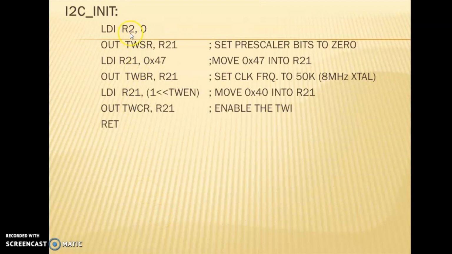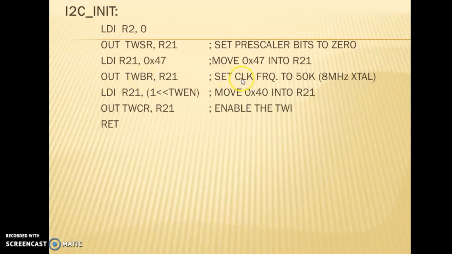Initialization. We are making register R2 equal to 0, and it is moved to TWSR. Here we are setting the prescaler bits to 0. Then we send this 47 to the bit rate register.